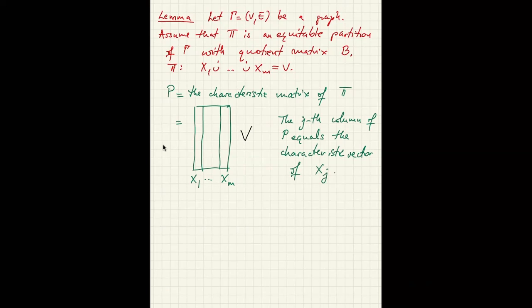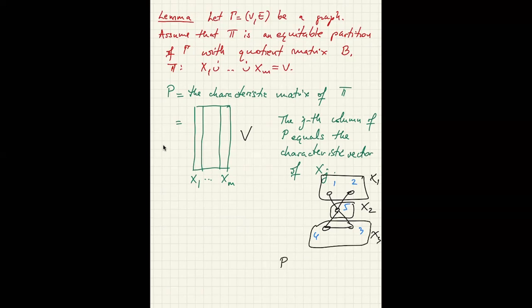Okay, so if I were to give the example of what we have before here, this graph. And let's say these were labeled 1, 2, 3, 4, 5. And 1, 2 were our first part x1. 5 maybe was our second part x2. And 3, 4 is our third part x3.